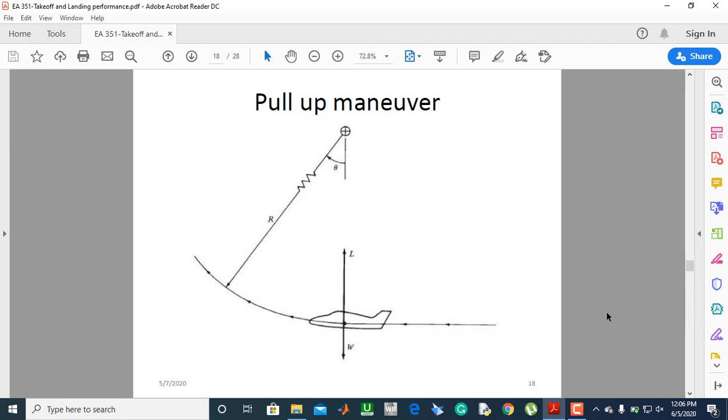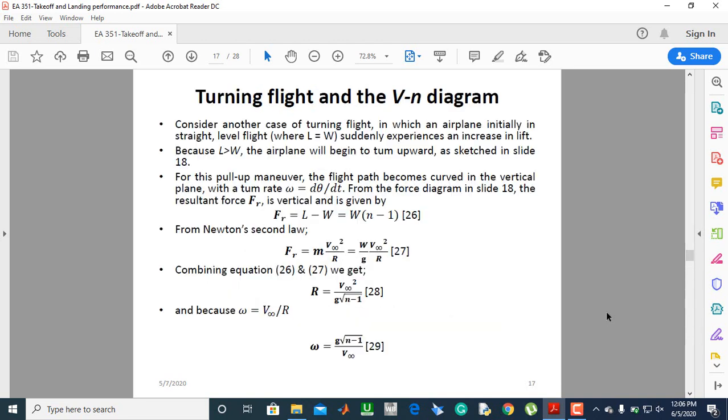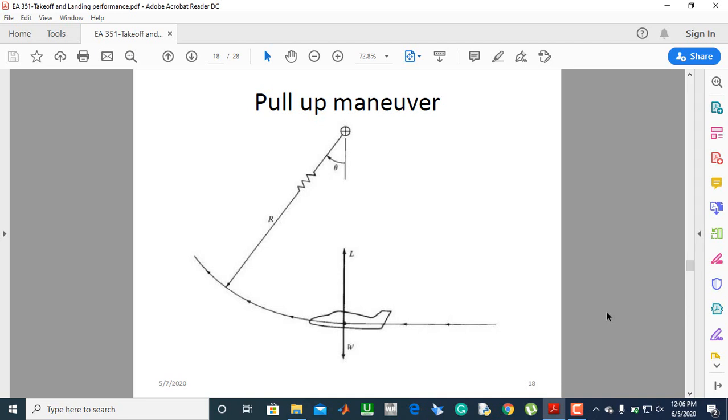And the forces that will be acting on this aircraft are similar to the ones we've just seen in the previous sketch, but in here I will just look at the resultant force. In this case, the resultant force will be L minus W, because the lift is greater than the weight, so the resultant force will be vertically upward.